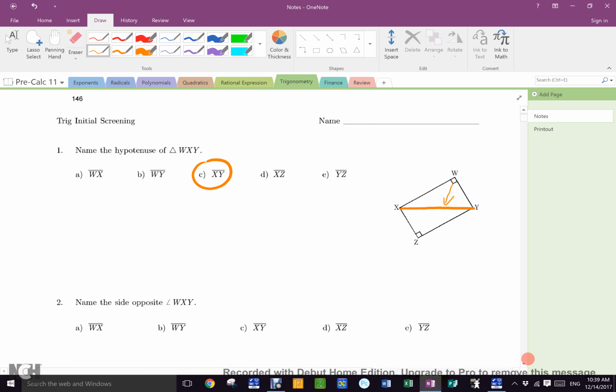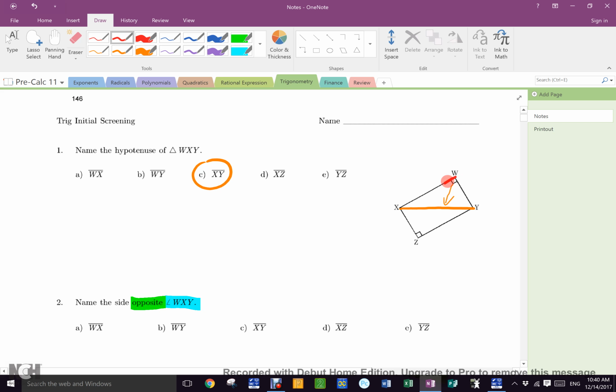Number two, in this same question, what side is opposite to angle WXY? You have to know two things in trig to be able to answer number two. You have to know what opposite means, and you have to know how to read angle WXY. Where is WXY?